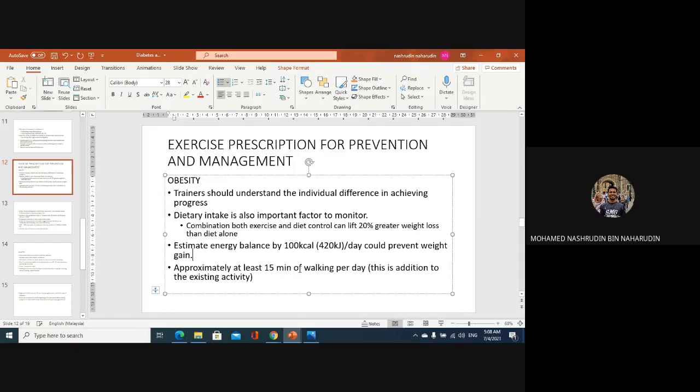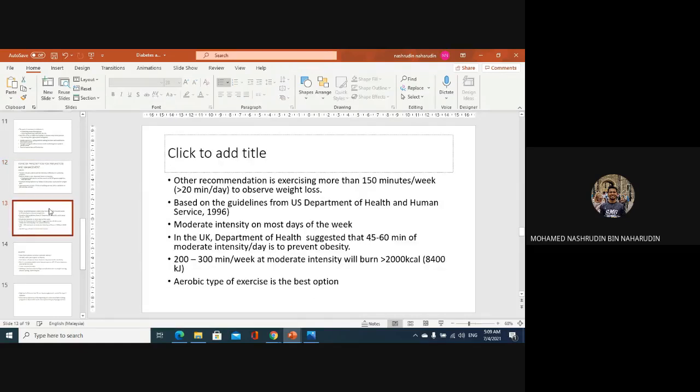And then you have to walk approximately 15 minutes every day to sustain the energy expenditure, and then you can maintain that particular weight. So this is the minimum energy intake and energy expenditure that you have to control in order to maintain that particular weight. This research has been reported.